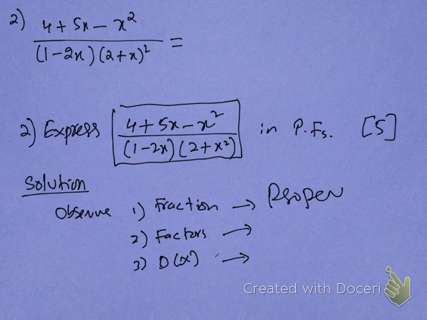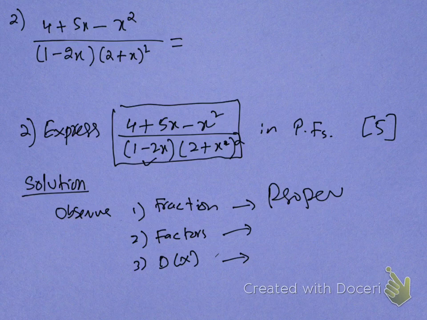Number 2, factors. There are 2 types of factors in the denominator. The first factor is linear and the second factor is repeated linear.